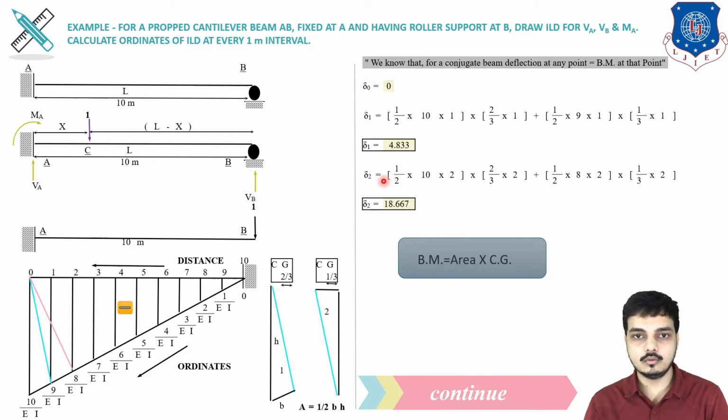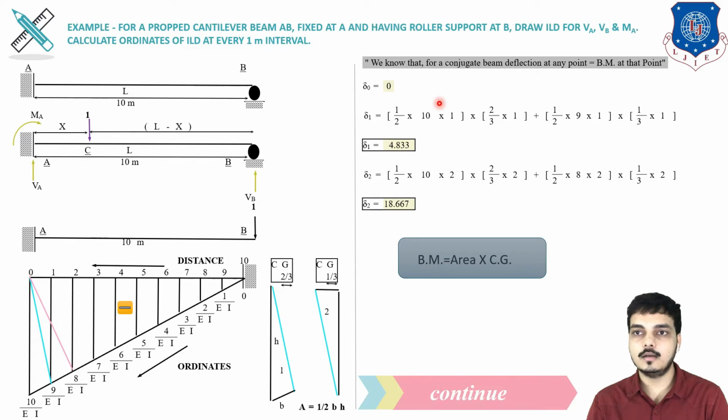Similarly, for delta 2, take a line from here to below the point number 2. Now there are again two triangles. Triangle number 1 is 0, 10, 8, 0. Triangle number 2 is 0, 2, 8, 0.